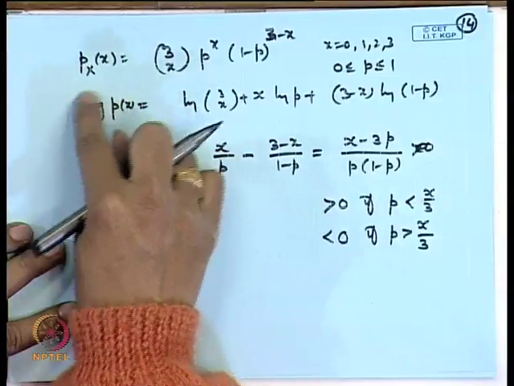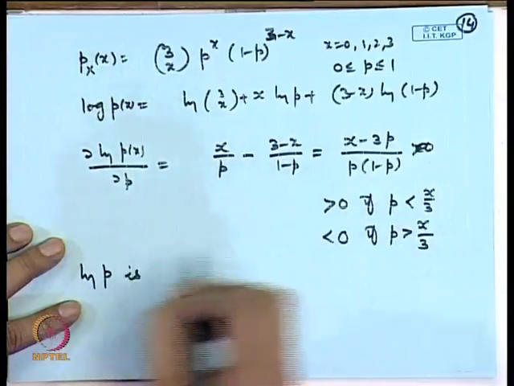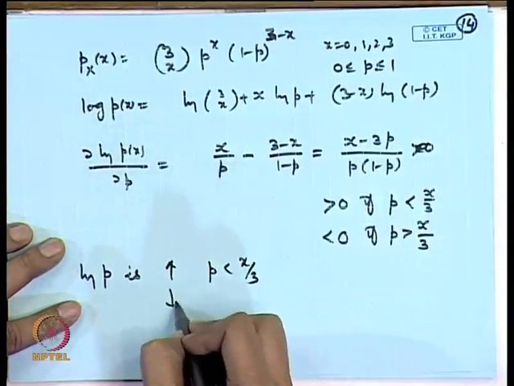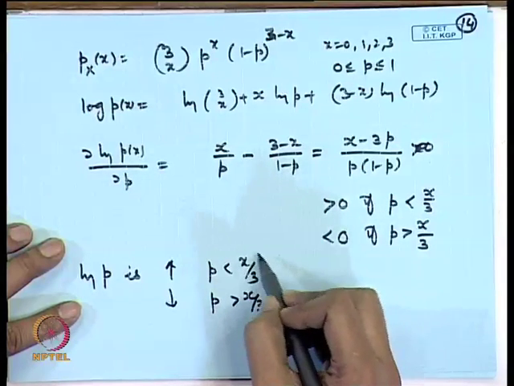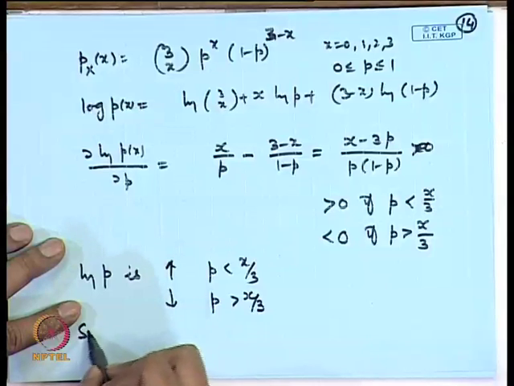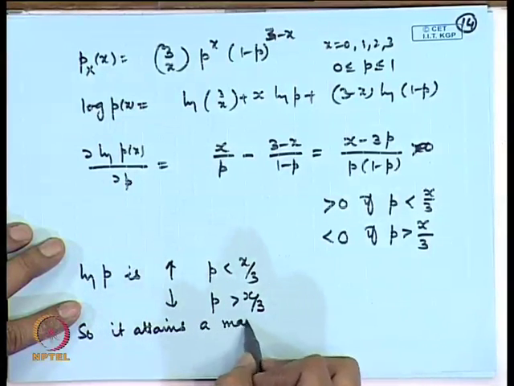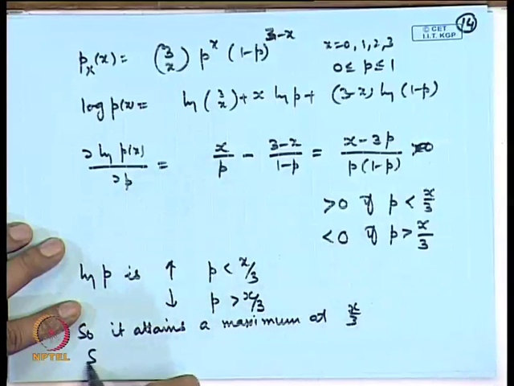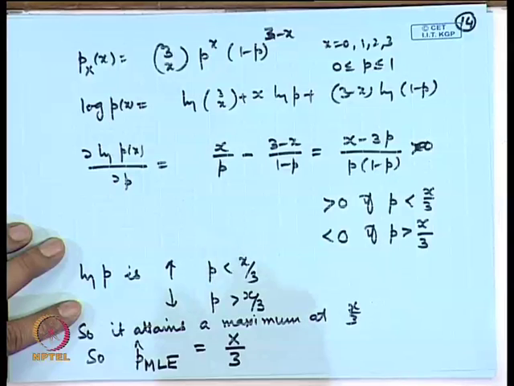As a consequence, I know the behavior of log L: it is increasing for p less than x by 3, and decreasing for p greater than x by 3. So, there is a peak attained at x by 3. So, it attains a maximum at x by 3.